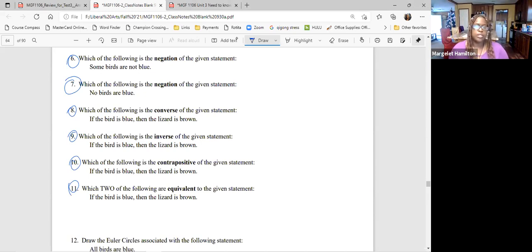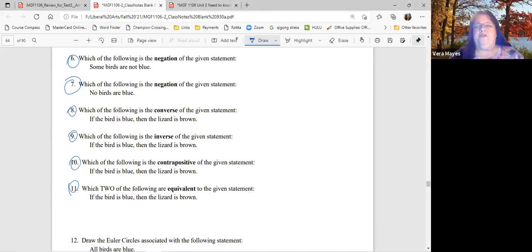Think about it. For those of you that just joined us, we're working on problems 6 through 11 using the need to know sheets.